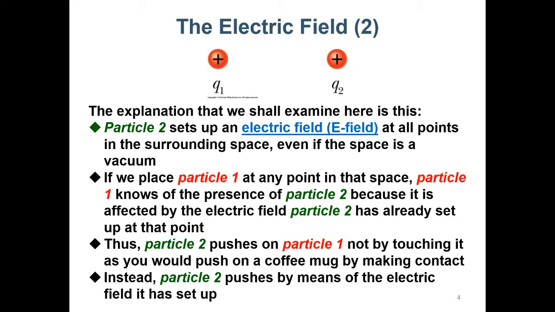If we place Q1 in the space, then it can feel the field generated by Q2. So it knows the existence of particle 2. And actually, the field generated by Q2 pushes Q1 away. So this field is called the electric field.